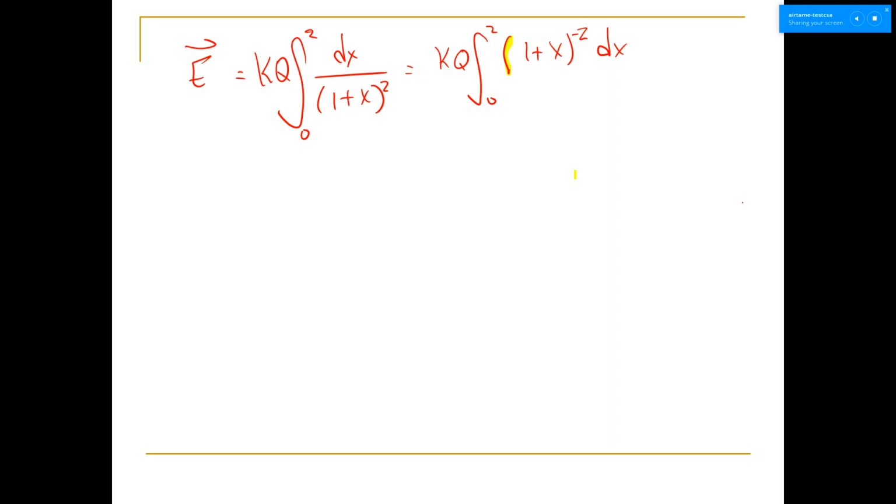How do you integrate something to the power of minus 2? Melanie said it before. It's the same thing, so someone explain it.